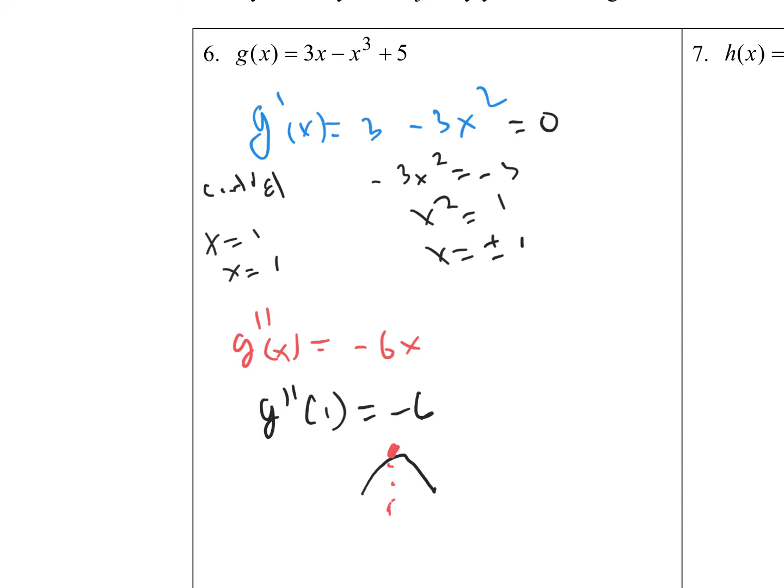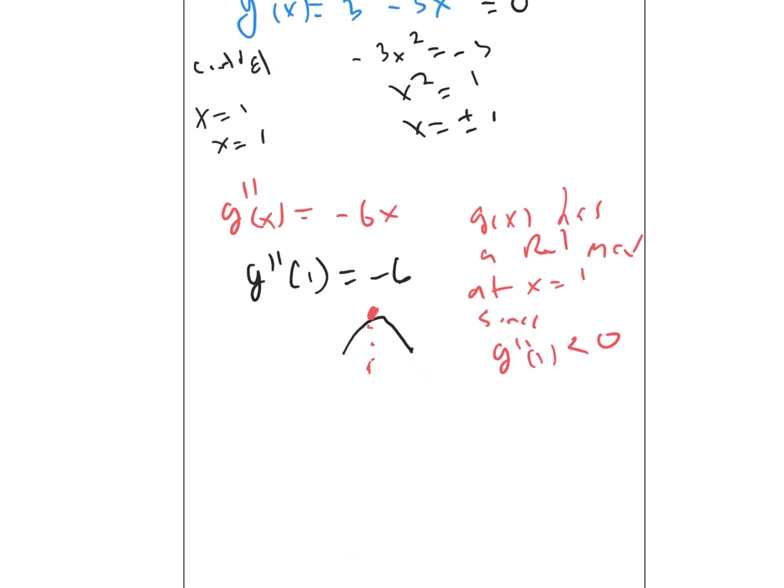So we say g of x has a relative max at x equals 1 since g double prime of 1 is less than 0.